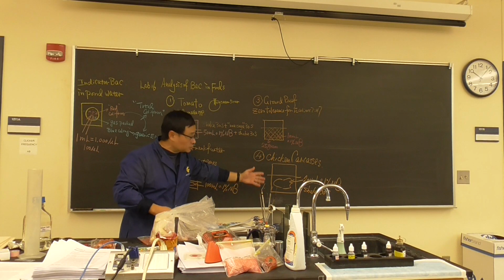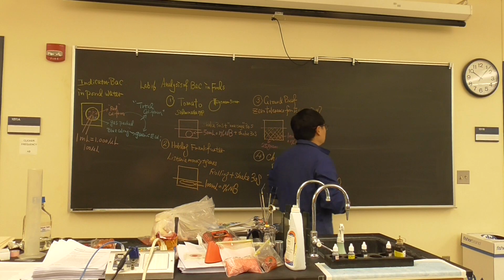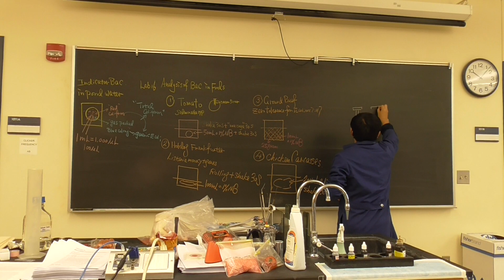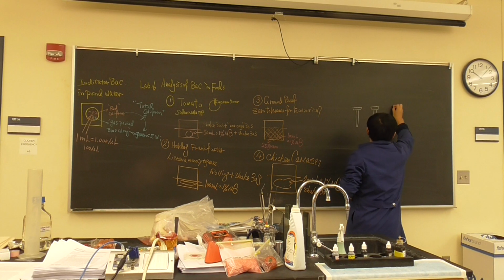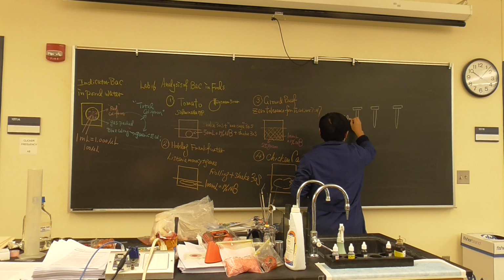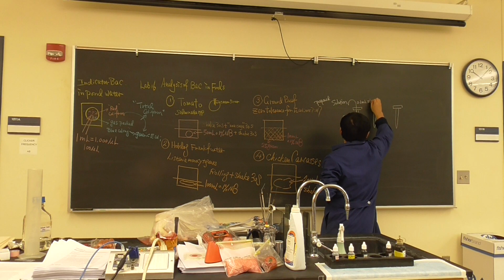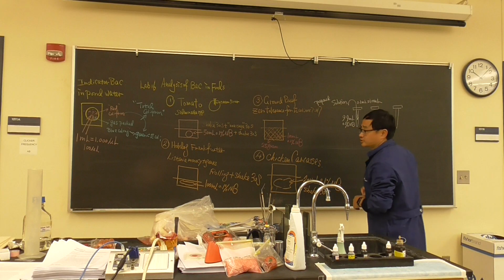Okay, not done yet. This is where we prepare all the solution. So how are we going to do it? Everybody will get 3 tubes like we did before. This is 9.9 ml of 0.1% nutrient broth. From the prepared solution, we will add 0.1 ml, that means 100 microliters, into the first one.